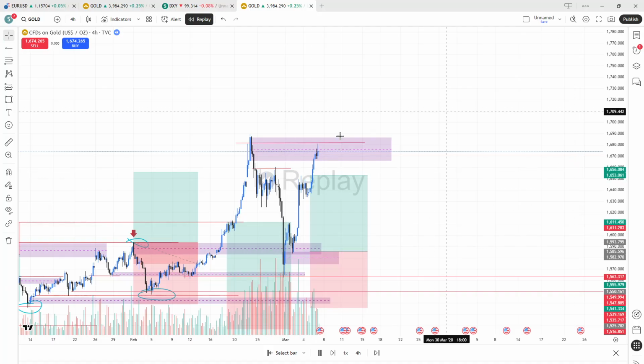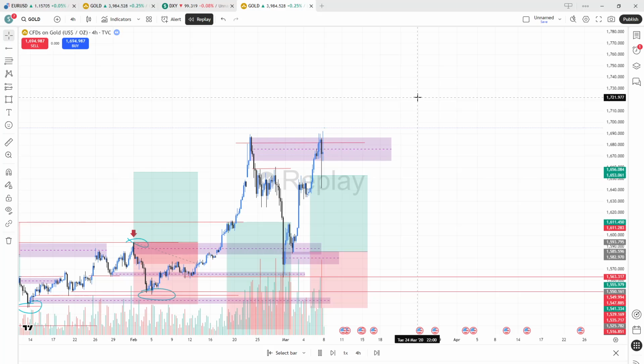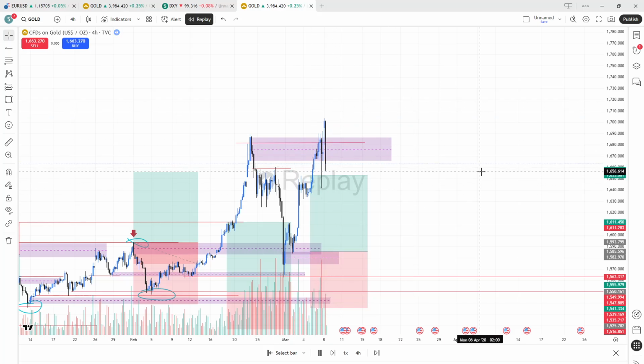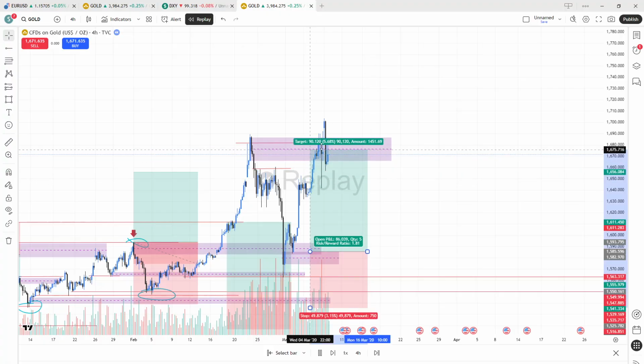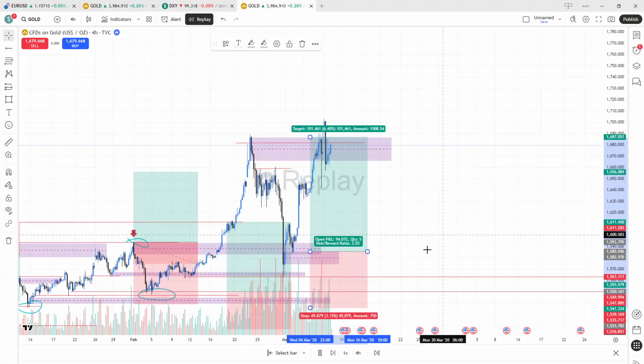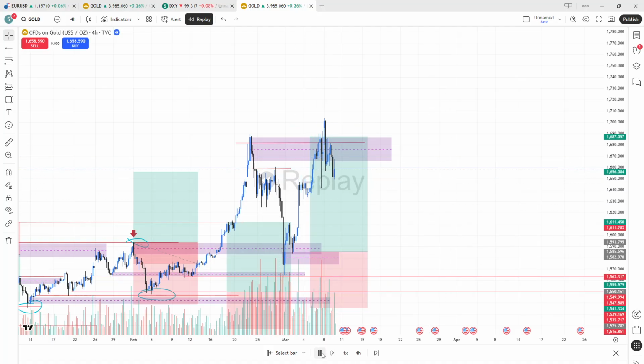So price continues to push higher and higher. Now that's just manipulation. It's sick. So we did take out this, right? We swept it. We do have a model, right?